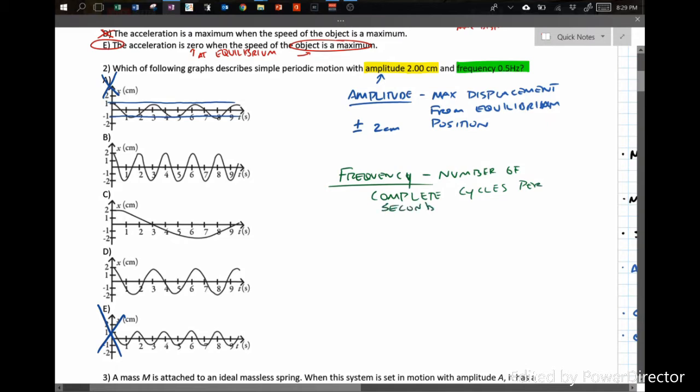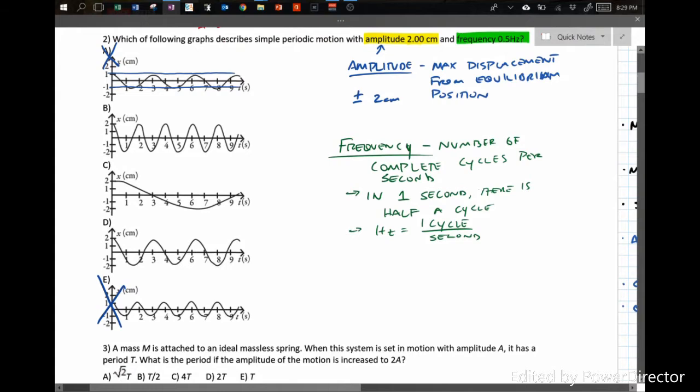So here, our frequency is half of a hertz. That means in 1 second, we get half of a cycle. That's measured in hertz, which is 1 cycle per second.